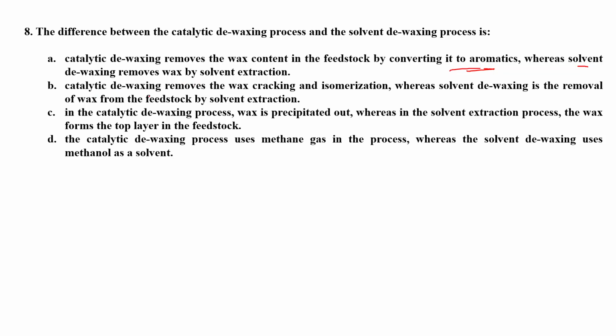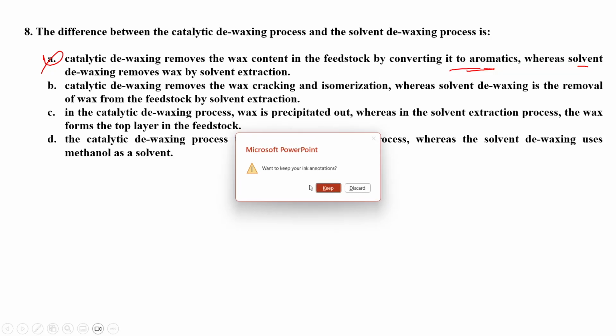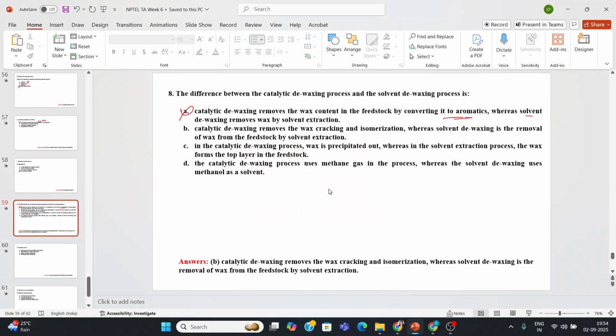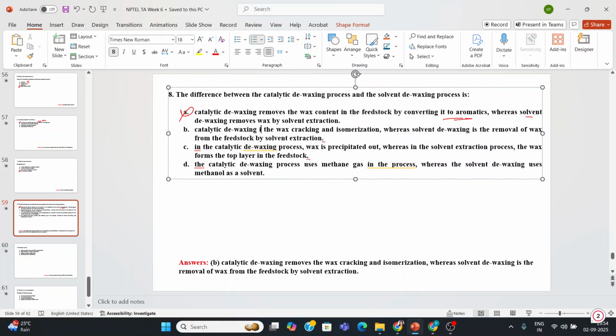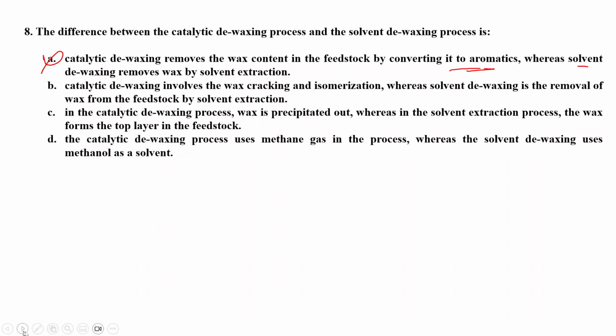Okay. Coming on to the second option, which is that catalytic dewaxing involves wax cracking and isomerization, whereas solvent dewaxing is the removal of wax from the feedstock by solvent extraction.